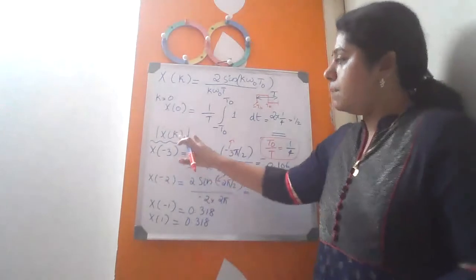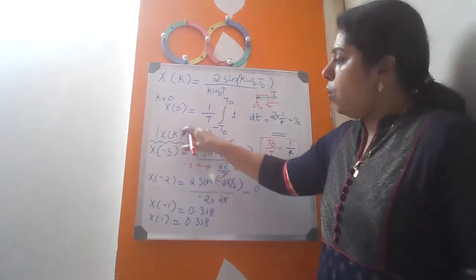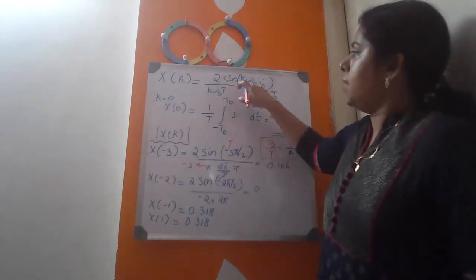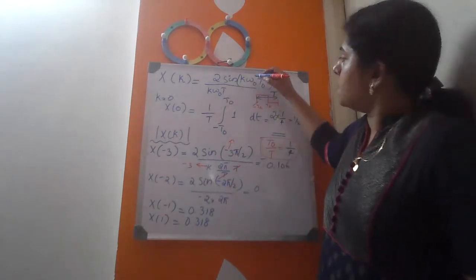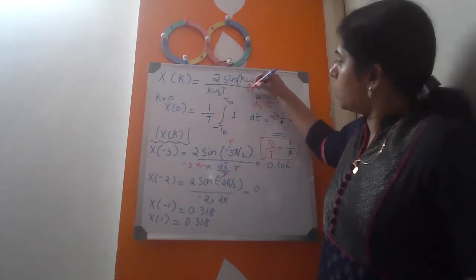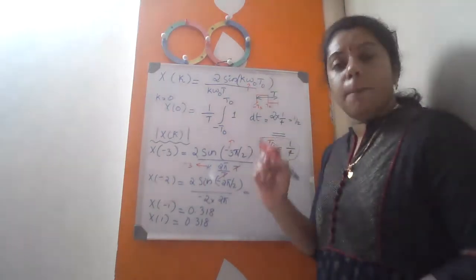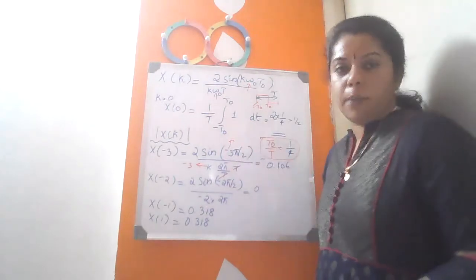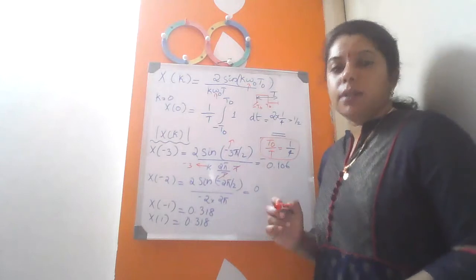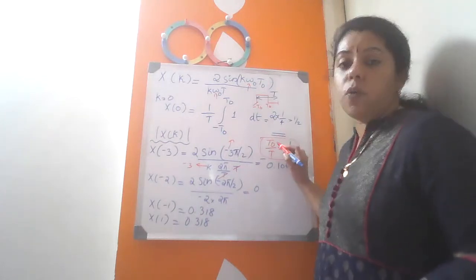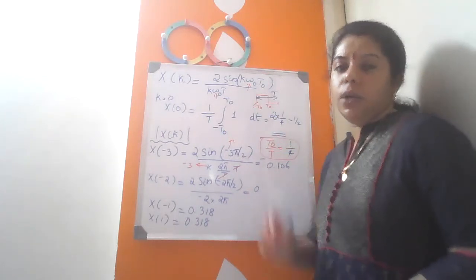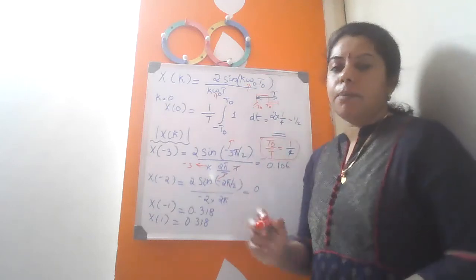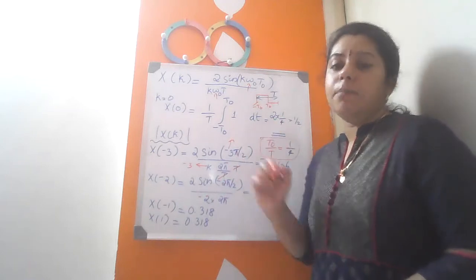Once again, I'm just telling how you can start. This is the equation we are getting. Substitute the value of omega naught. Omega naught is 2 pi by t. Here also substitute the value of omega naught, 2 pi by t. Then substitute the t naught by t value. T naught means my on time, t is my total time period. So I can write it as 1/4.